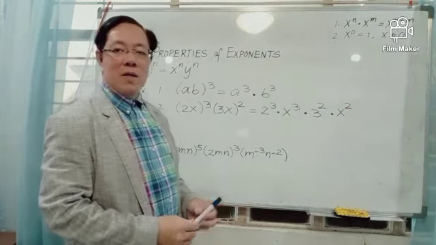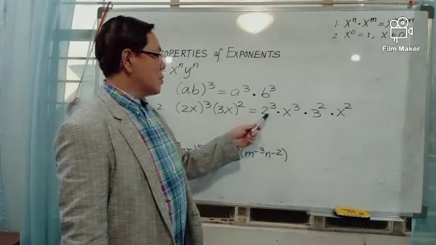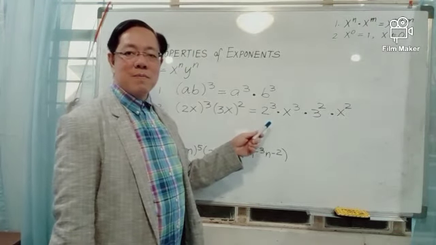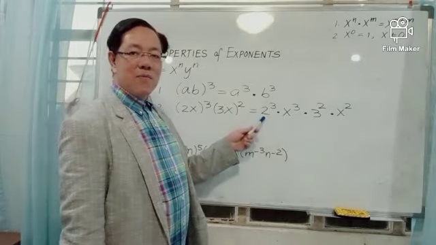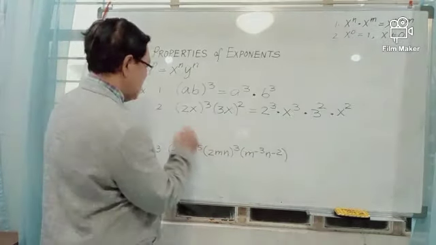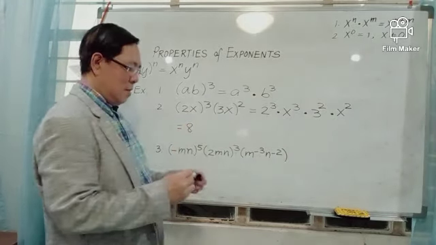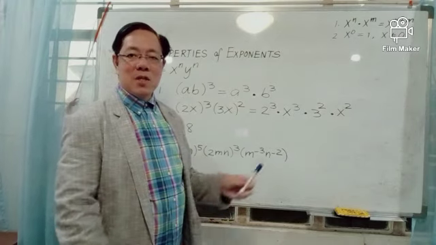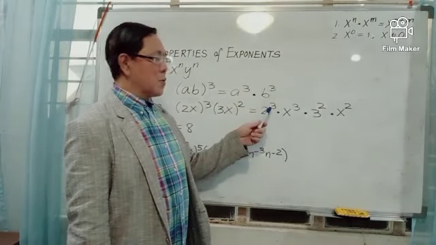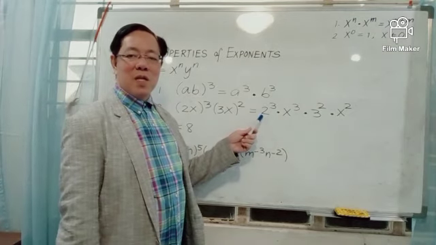And simplify this product, starting with the numerical coefficients. 2 to the power 3 is 8. By definition of exponential notation, 2 to the power 3 means you multiply 2 by itself 3 times.